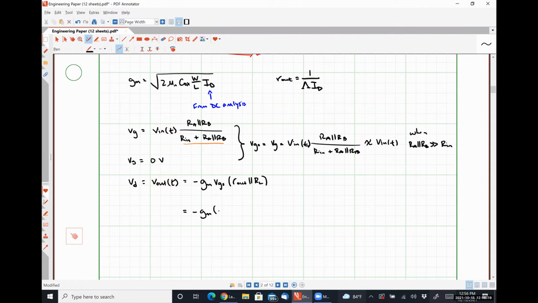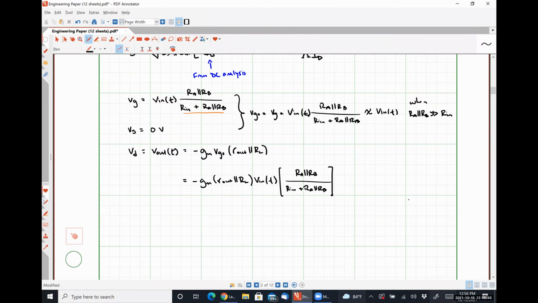And this is just me doing a little bit of algebra. What that will allow me to do is to calculate my voltage gain, where voltage gain is defined to be the ratio of the output voltage with respect to my input voltage.